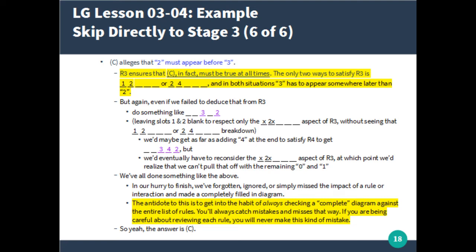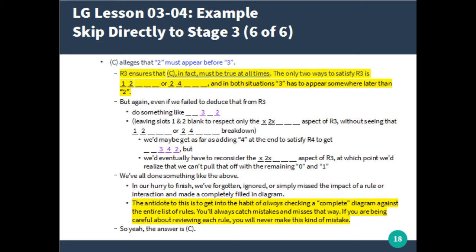Where you read Rule 3 and you didn't get the 1, 2, 2, 4 breakdown, but you at least recognize that you have to leave those 2 slots free of the number 3, because there's no way to respect the x-2x relationship that Rule 3 lays out by having 3 up there.